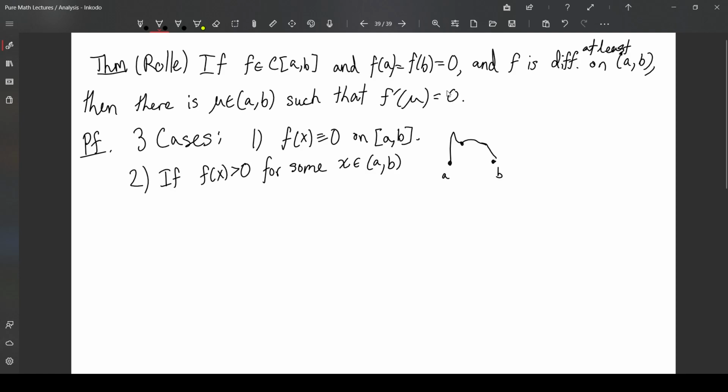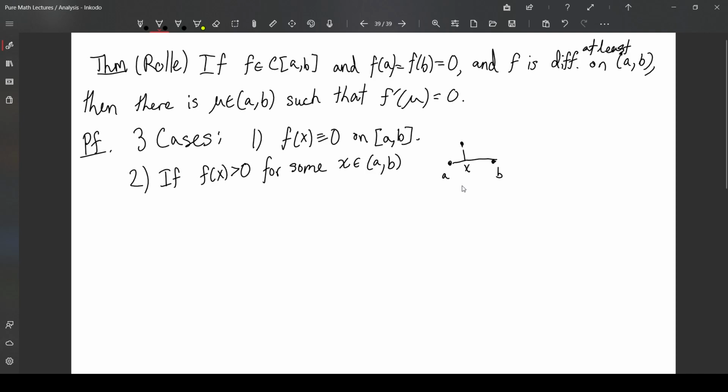And it also has to decrease at some point from here to b. A more rigorous way of saying this is, the intermediate value theorem says that between a and x, f is going to achieve all the possible y values between 0 and f of x. And between x and b, f is also going to achieve all the y values between 0 and f of x.